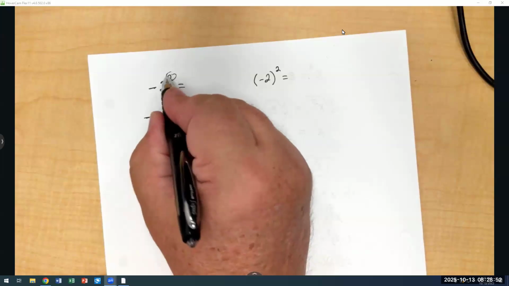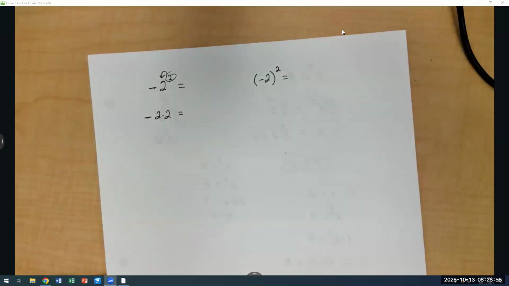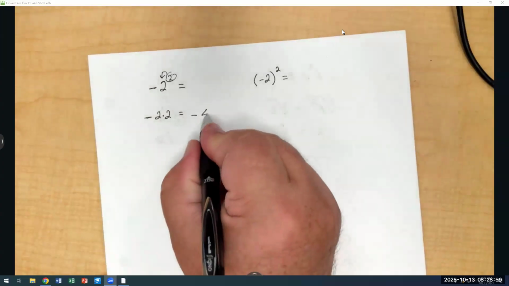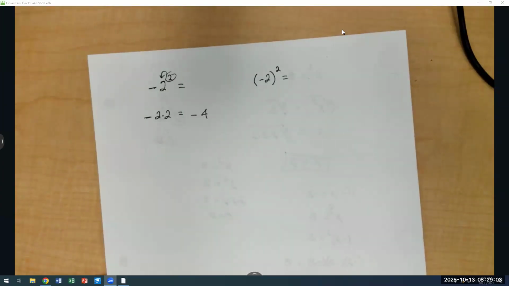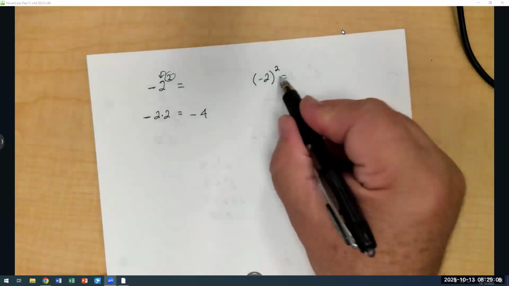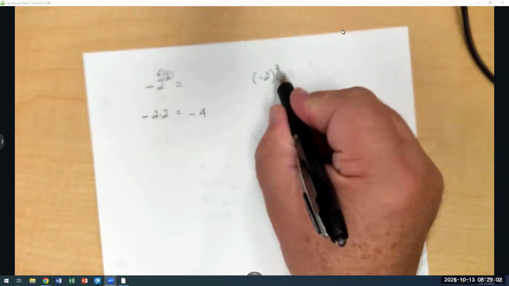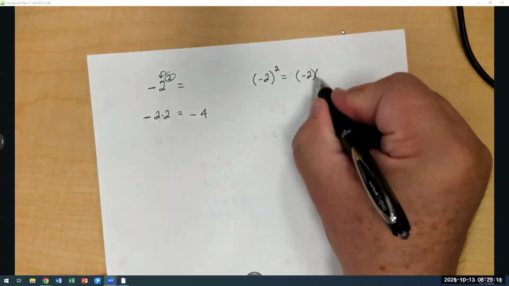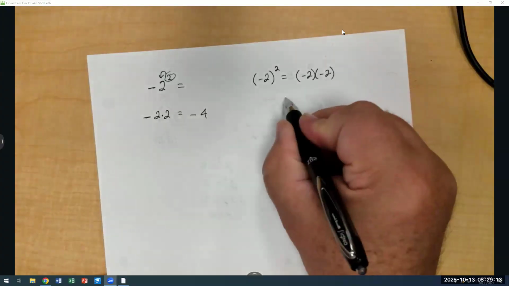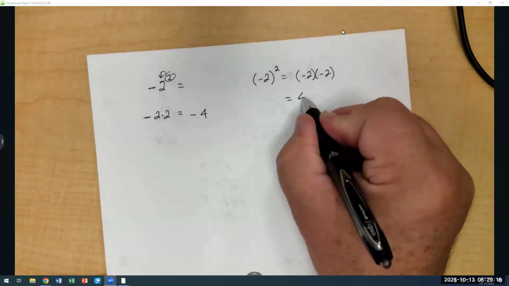This exponent only belongs to that number 2. That's all it belongs to. So the answer is negative 4. This one, since it's in parentheses, this exponent belongs to the whole thing. So we have negative 2 times negative 2, which is negative times negative is positive. 2 times 2 is 4.